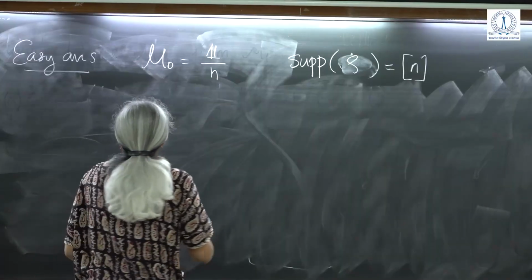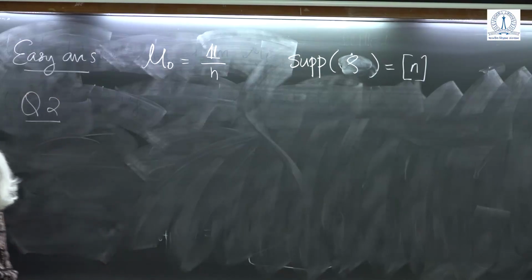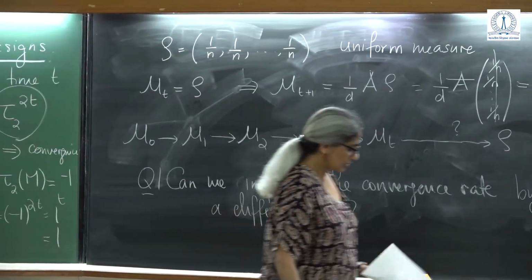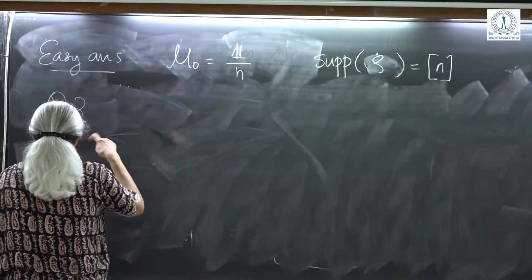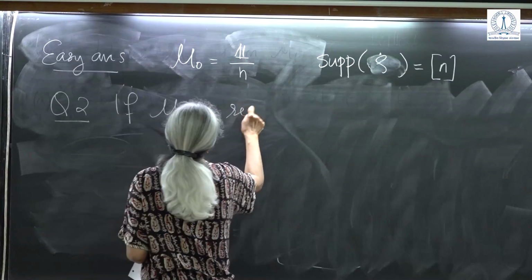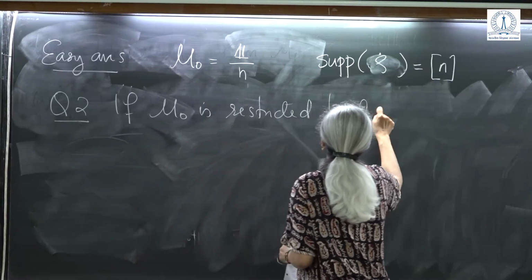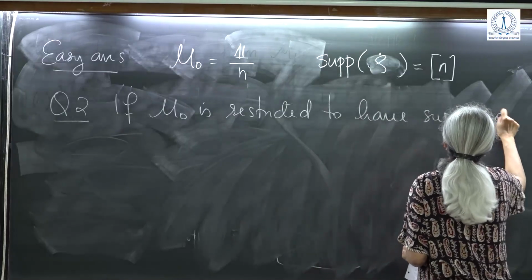So let me modify the question. This is question 1, and here is question 2. The question 2 I really want to ask is, if mu0 is restricted to have support on, let's say, L vertices.